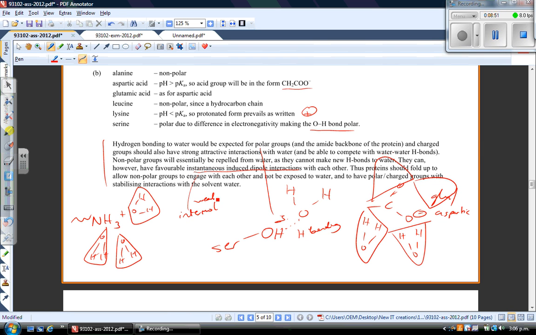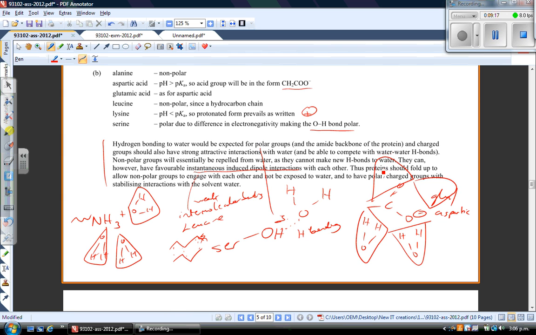Weak intermolecular bonding, also called van der Waals forces. And this could be, for example, in leucine, which is nonpolar. Leucine has a 4-carbon chain, 1, 2, 3, 4. And you could just have those carbon chains weakly intermolecular bonding.